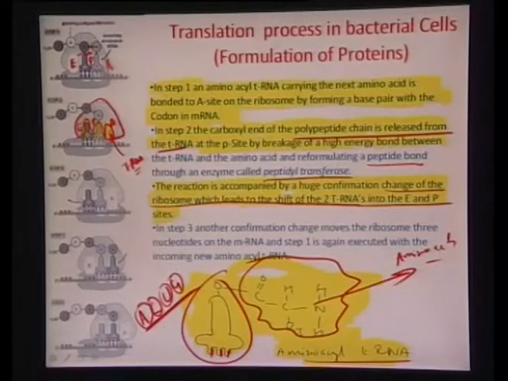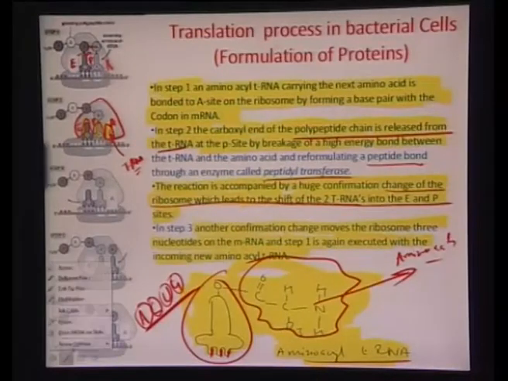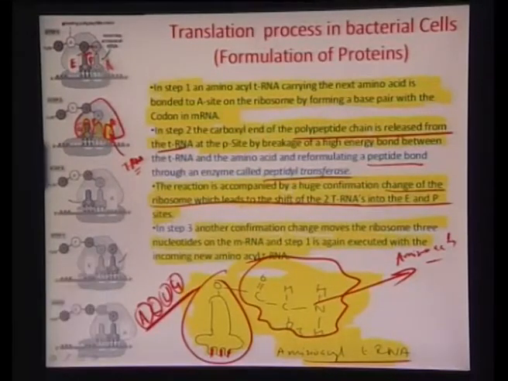Now in the following step there is another conformation change which moves the ribosome 3 nucleotides on the mRNA, okay, and essentially what you are doing is this lower part of the jaw is shifting in this direction and it changes by 3 groups, and the 3 next groups are inducted inside here, okay.